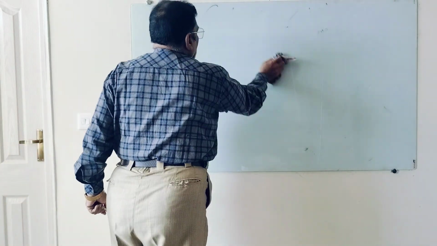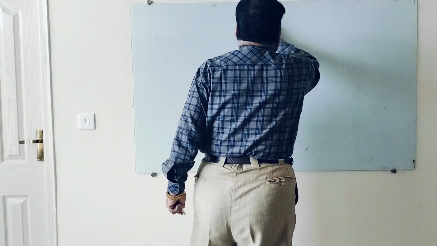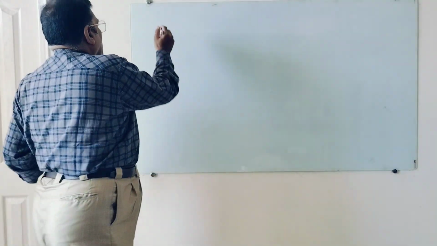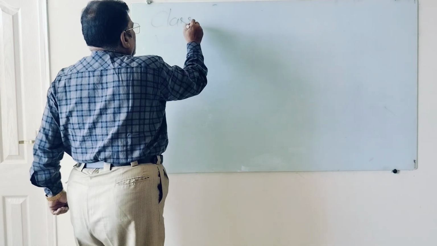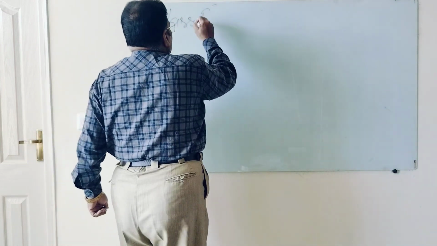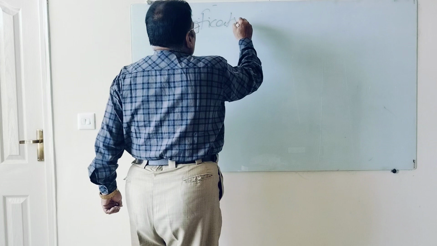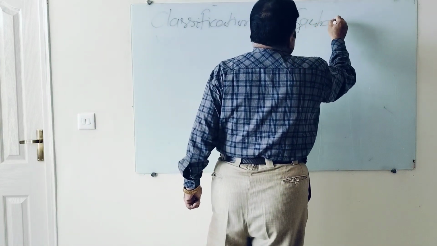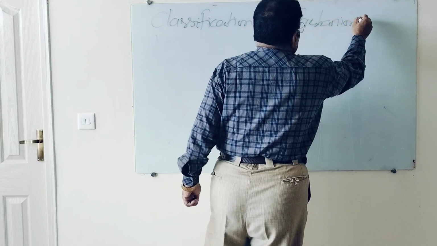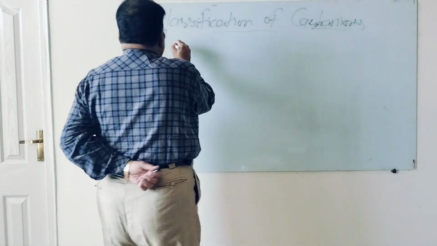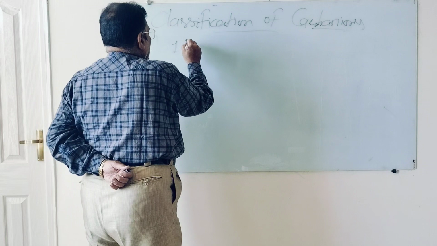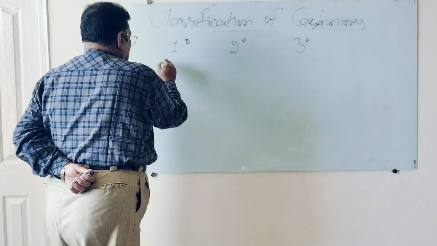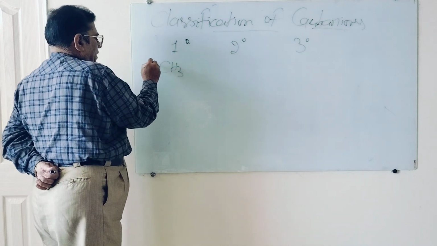If I come to the classification of carbanion, as I took the classification of carbocation, I write here 1 degree, 2 degree, and 3 degree. 1 degree: methyl carbanion.